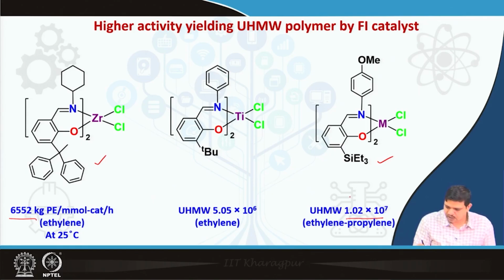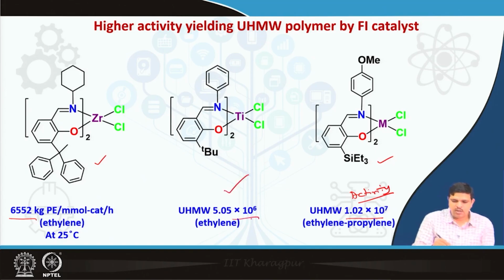So this is basically the activity, and you will get a very high molecular weight, that is ultra high molecular weight polyethylene, with activity in the range of 1.02 times 10 to the 7, and this one is quite moderate, 10 to the 6.